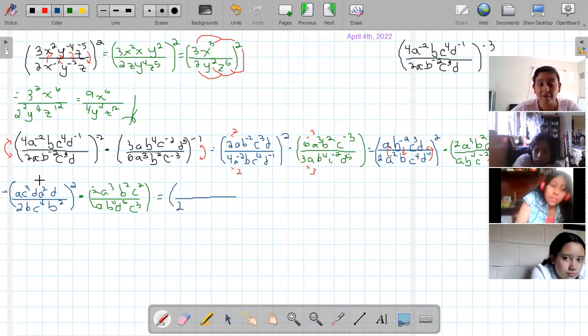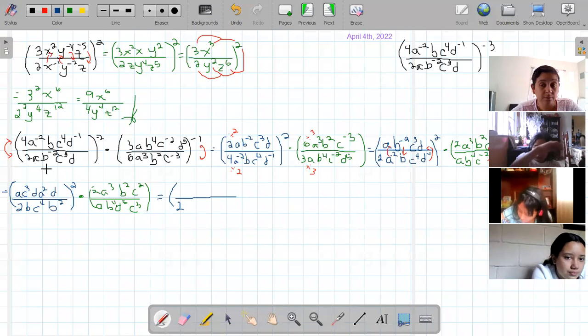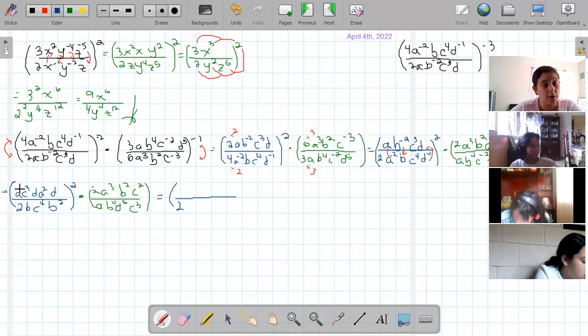And what should I do when I have the same variables on the same side? Add. You add. So invisible 1 plus 2. 3. So a to the cube. Now let's go alphabetically. So it goes to the b. I got b in the denominator and b squared in the denominator.